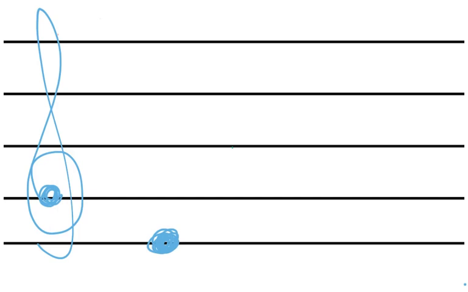So our next interval, it's another third. It's E to G. So our bottom note is E, so we're going to determine the key in which the bottom note is do.